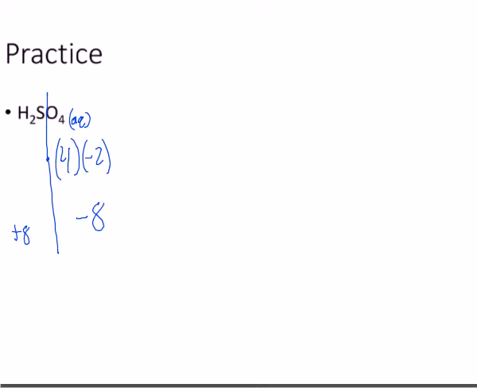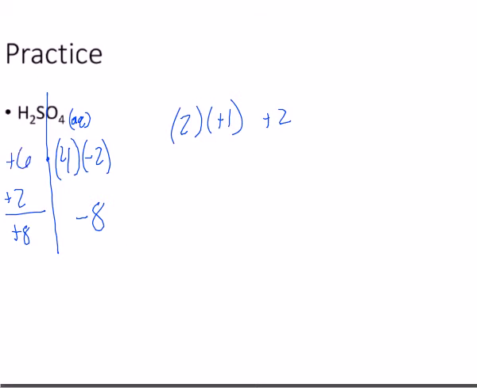Does +4 make any sense here, dealing with hydrogen being the other one? What can hydrogen only be? +1. So you have 2 times +1 for a total of +2. Well, when you think about that, what does the other one have to be?